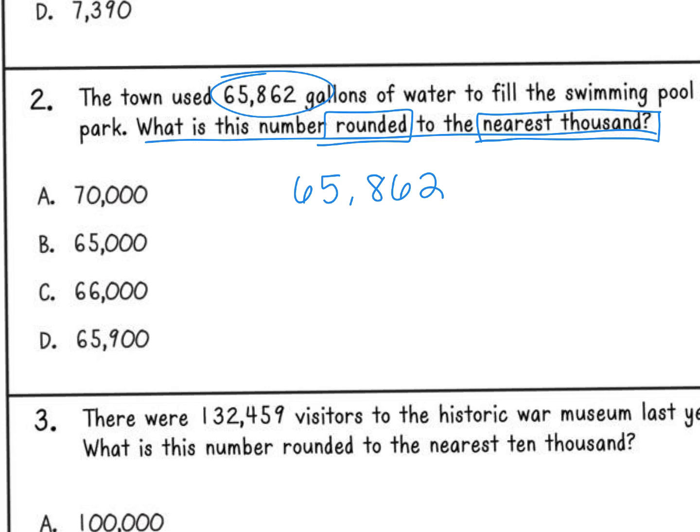What digit is in the thousands place? 5. What number is my judge? 8. Great job. Okay, it's bigger than 5, so what's going to happen to the digit that I underlined? It's going to go up, and everything turns to a 0. So my answer is C.